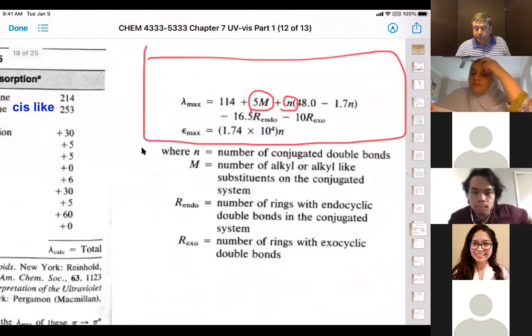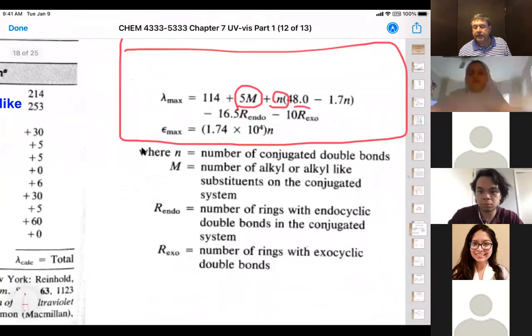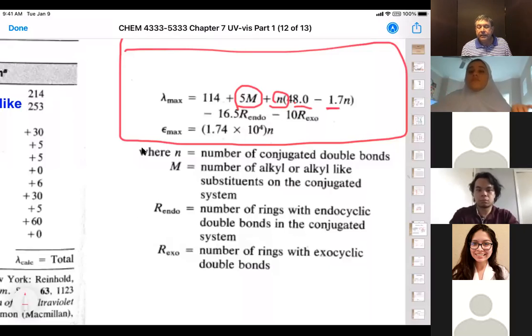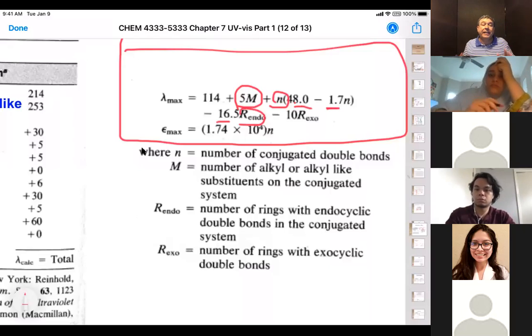These are fudge factors. He actually derived this equation by looking at a whole bunch of data, and that's what these fudge factors ended up being. And then there's this fudge factor for the number of rings with endocyclic double bonds and the number of rings with exocyclic double bonds. So in straight chains, you actually end up with zeros for those numbers.